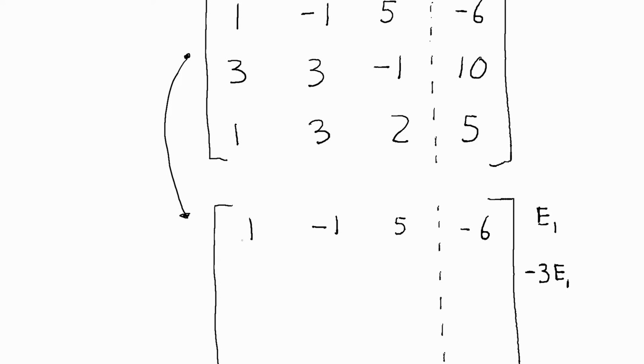If I multiply every element of the first row by -3, and if I add that to the second row, E2, which comes from the second equation, then watch what happens. You see, I would get -3 times 1, okay, plus 3. That introduces a 0 here, which should remind you of eliminating the variable x in the second equation.